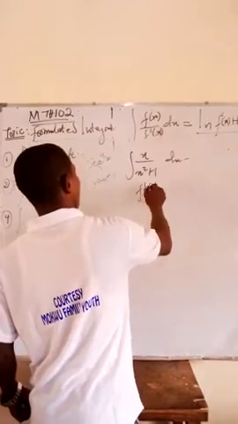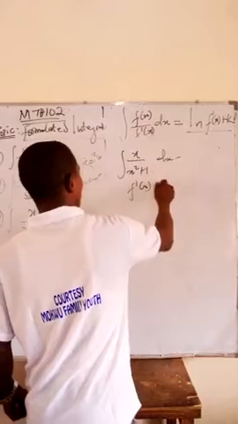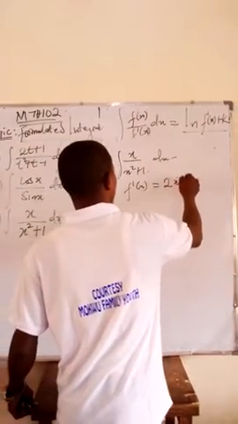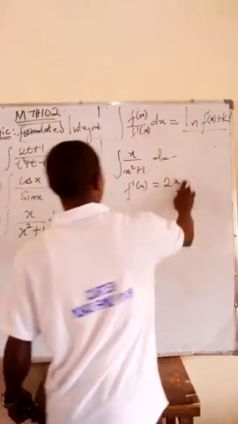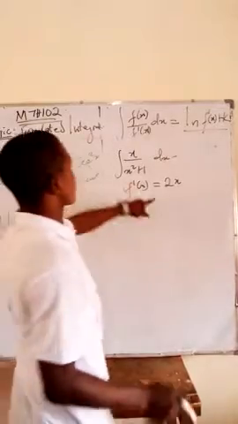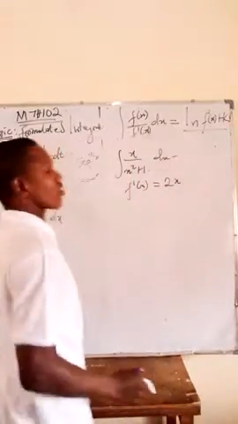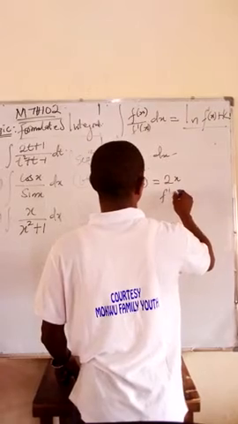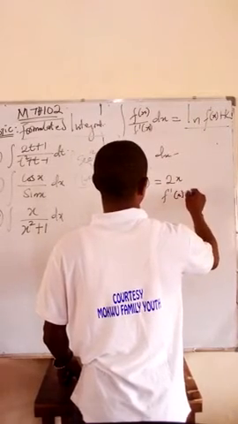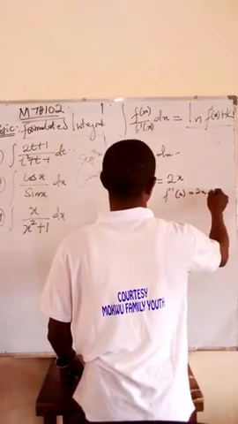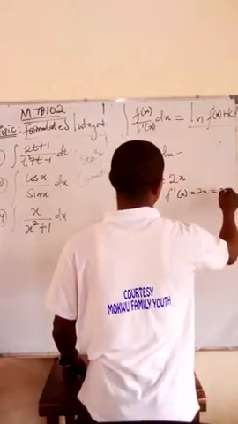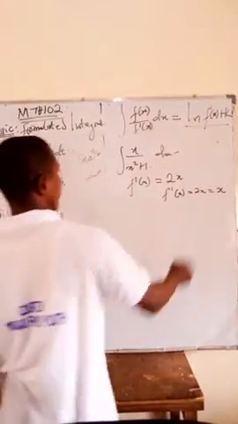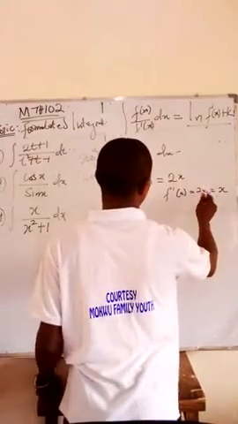For the next one, my f prime of x of the denominator is what? It is 2x only. Now, looking at this, is 2x equal to x? No, it's not equal to x. So since my f prime of x is 2x and the numerator is x, we divide both sides to find the value of the numerator.